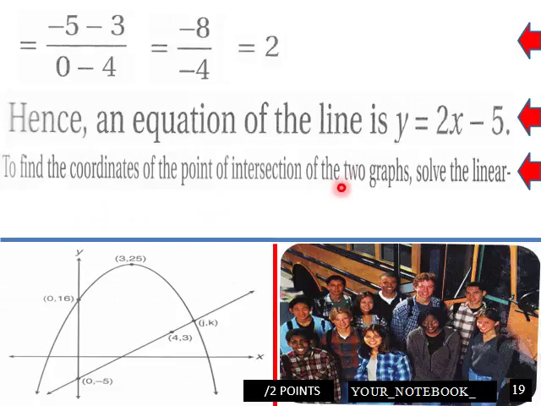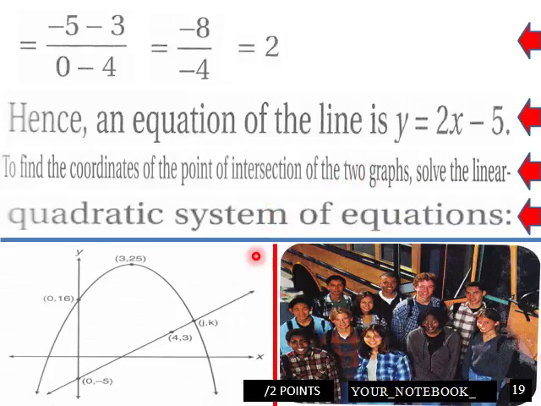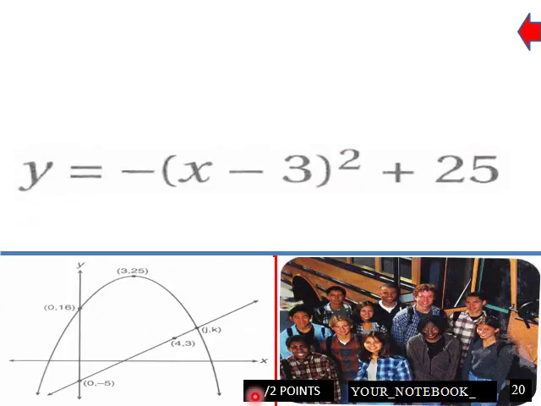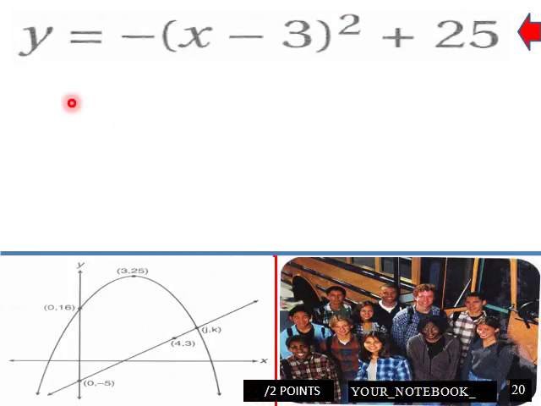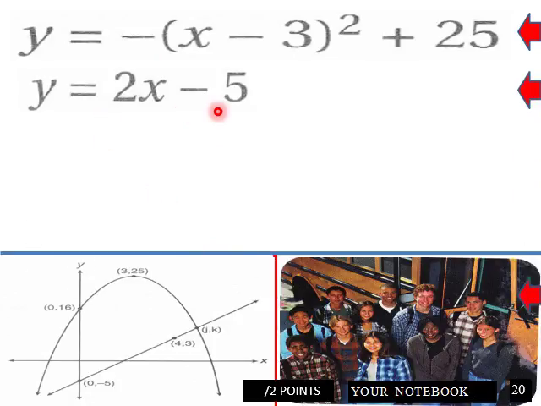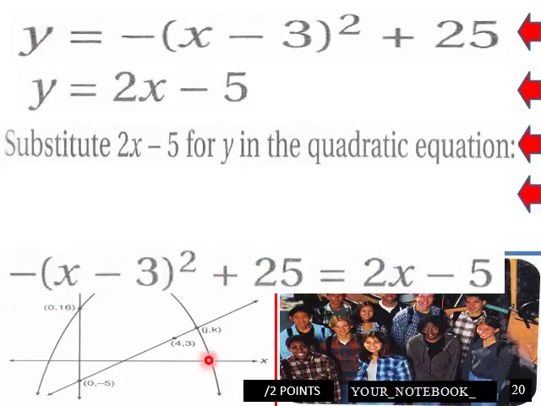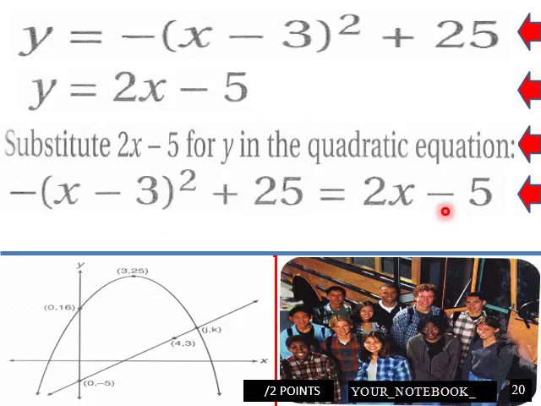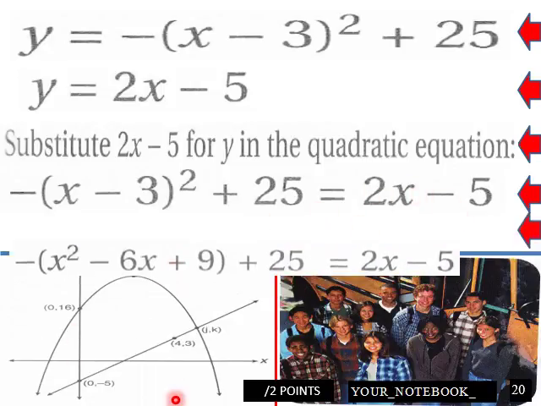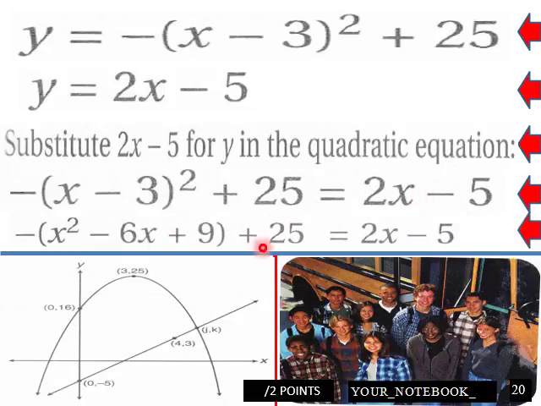To find the coordinates of the point of intersection of the two graphs, solve the linear and quadratic equations. So we have y equals negative this here, and then y equals 2x minus 5. Substitute 2x minus 5 for y up there. Stick that in over here, and we have this here.